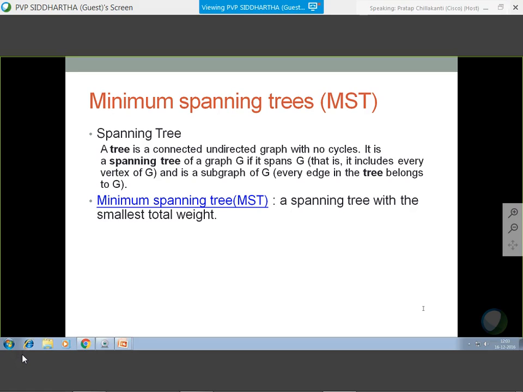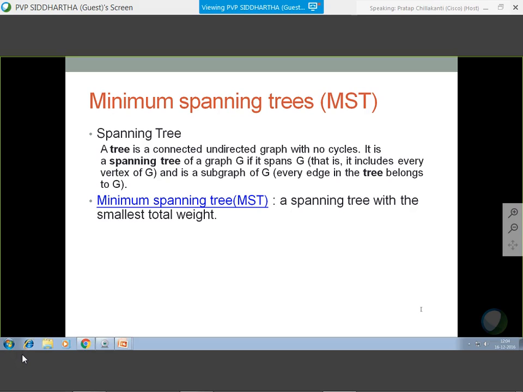So you have a graph. Remember, a graph can have cycles. What is the difference between a graph and a tree? A tree does not have cycles. A graph can have cycles. Remember that. Hardwire it into your brain. A tree is a connected, undirected graph with no cycles, whereas a graph can have cycles.